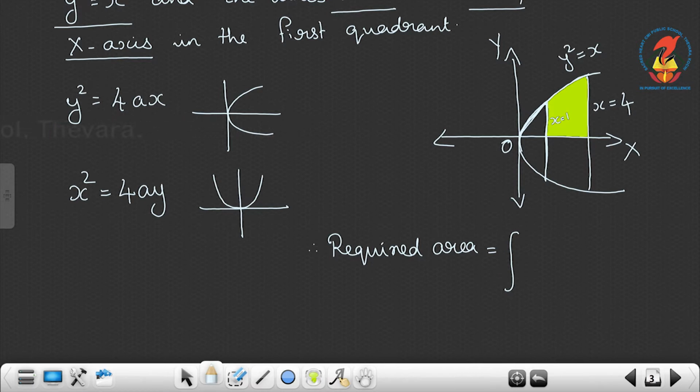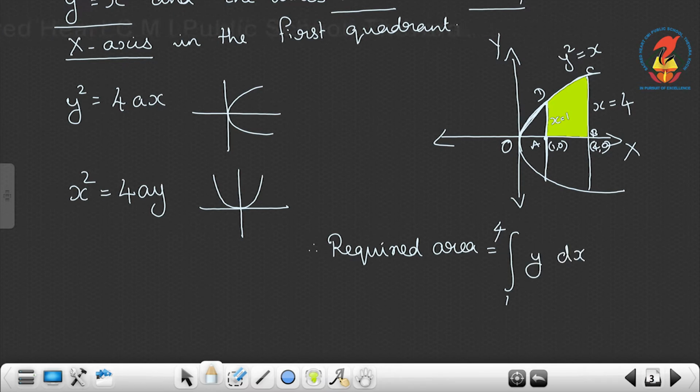So it is integral from the lower limit to the upper limit. Lower limit, this point on the x axis. A, B, C, D: A means it is 1, 0 and B is 4, 0. So integral 1 to 4. Then we have to write y dx.